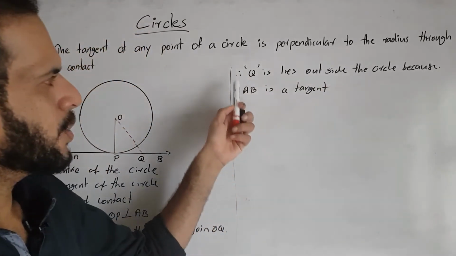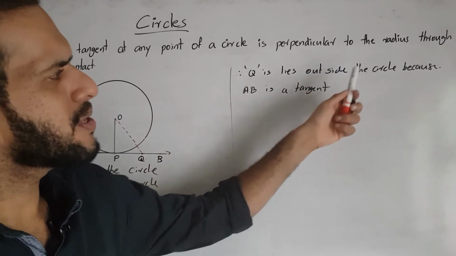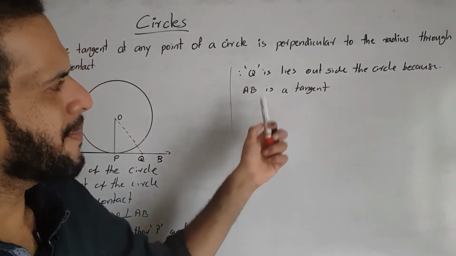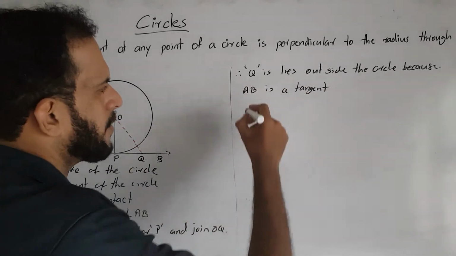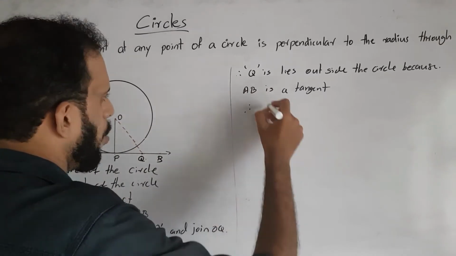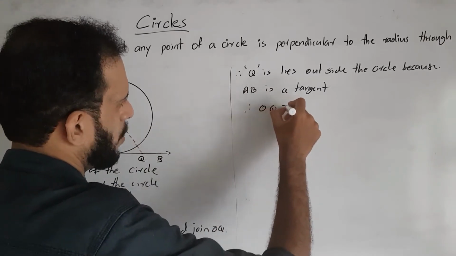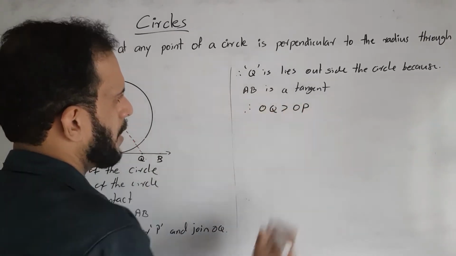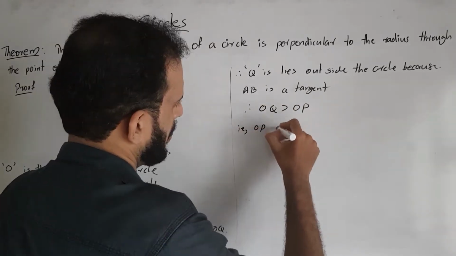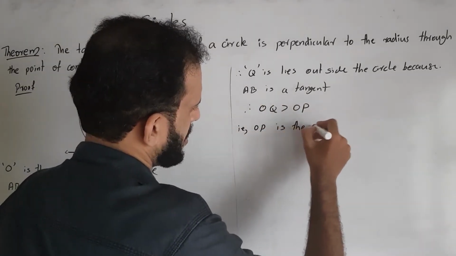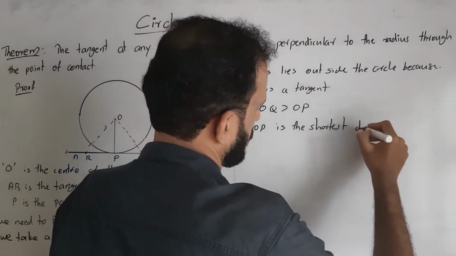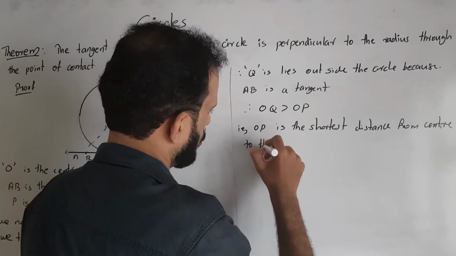Therefore Q lies outside the circle, because AB is a tangent. Therefore it is very clear, yes, OQ is greater than OP. OP is the shortest distance from the center to the tangent.